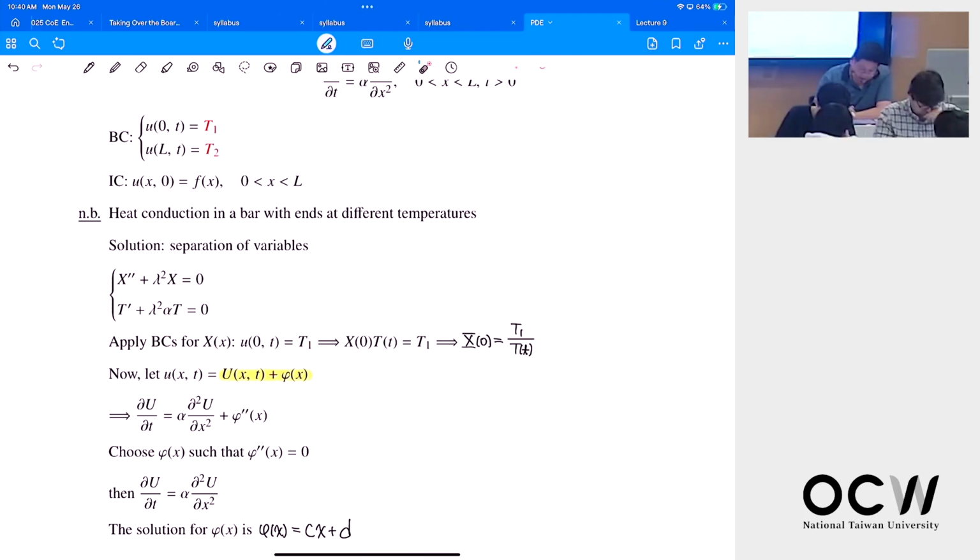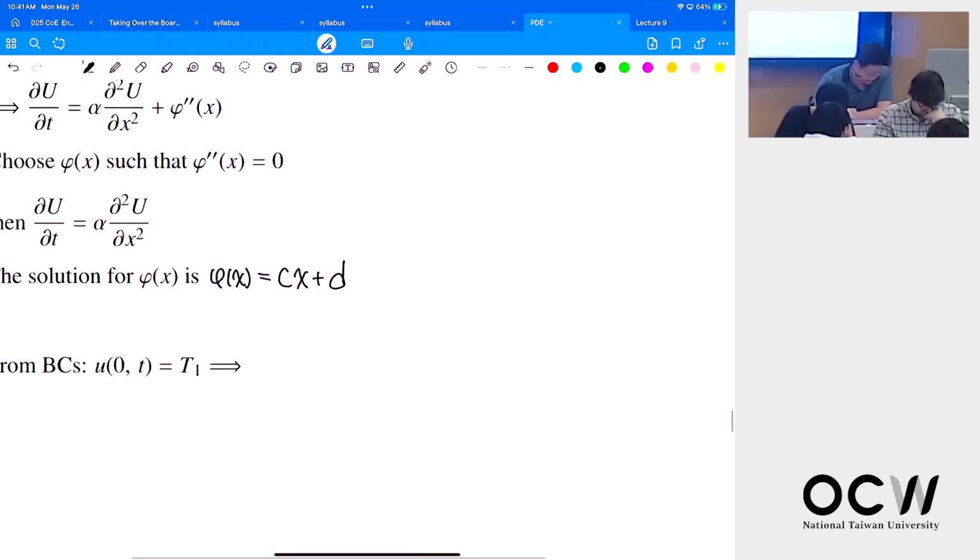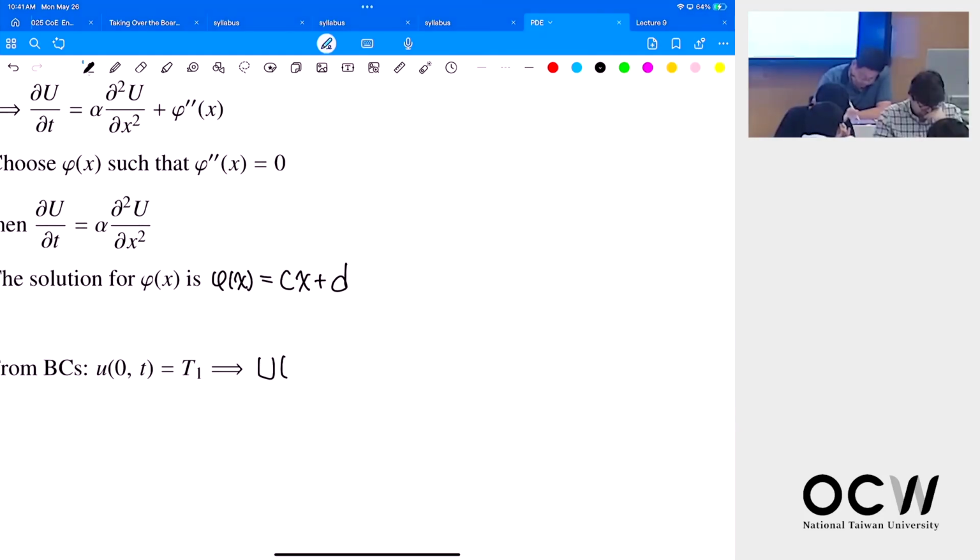Why do we need the additional term? Because here, if we try to find the boundary conditions, x at 0, that means u of 0, t plus phi of 0 equals T1.